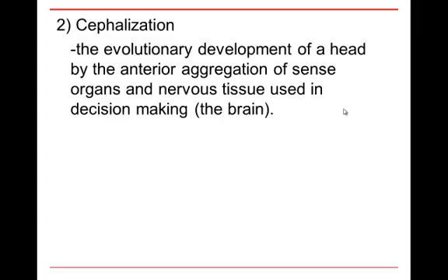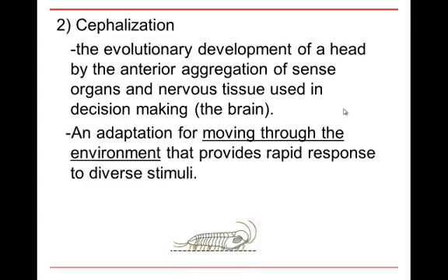it may be crucial to that animal's survival how it responds to that novel stimulus. Is it a predator that's going to eat it? Does it need to run away? Is it food that's going to run away from the animal and therefore it needs to pounce? Or is it just a bump in the road that it needs to walk around? These, the first two anyway, are life and death decisions. Cephalization may be seen then as an adaptation for moving through the environment, and it does really provide rapid response to diverse stimuli.